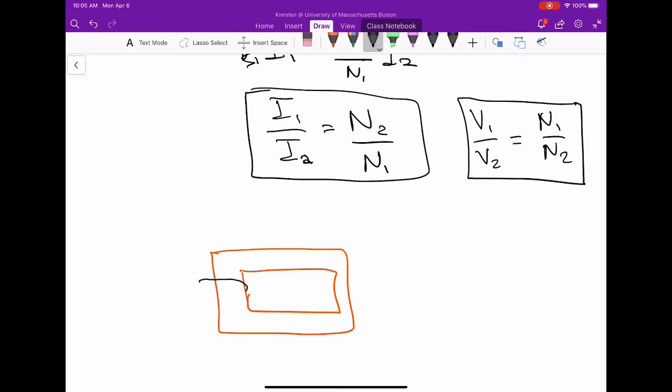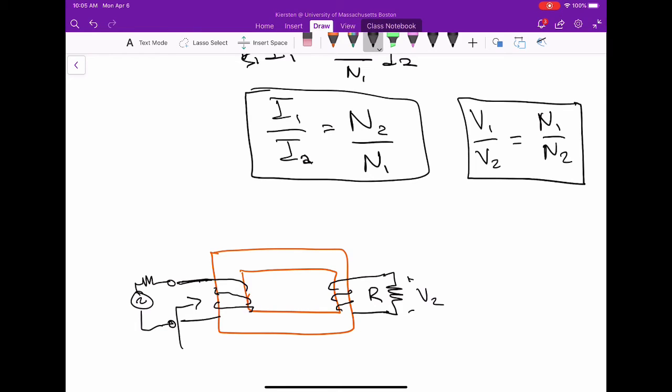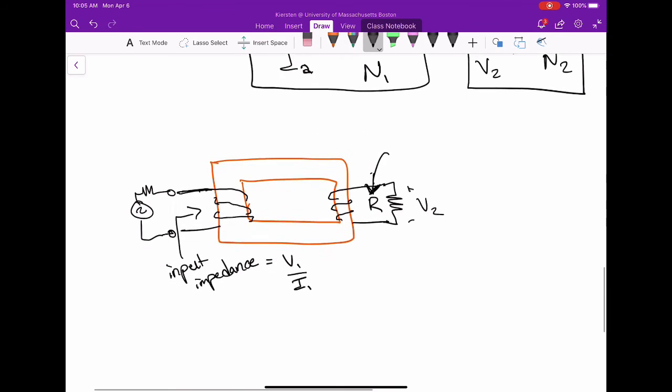If I've assumed that there is a load on coil number 2, like that, and I have this relationship between the currents and the voltages, when I apply some source, or if I'm looking into coil number 1 here, there is some input impedance, which is just V1 over I1, but that depends on what is the load that's attached to coil number 2. And I'll show you how that works.